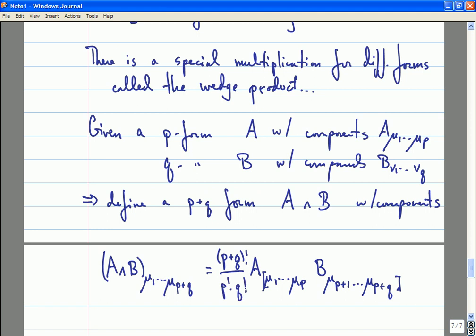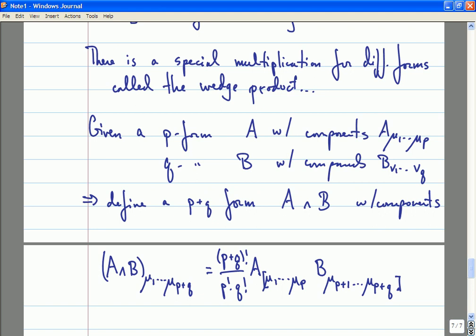Question? Yes? Since A and B are already antisymmetric, is it sufficient to get the right antisymmetry properties for the wedge product to just antisymmetrize over one index of A and one index of B? Yes, absolutely. So this expression that I've written is a tad redundant because A and B are already individually antisymmetric under their components.